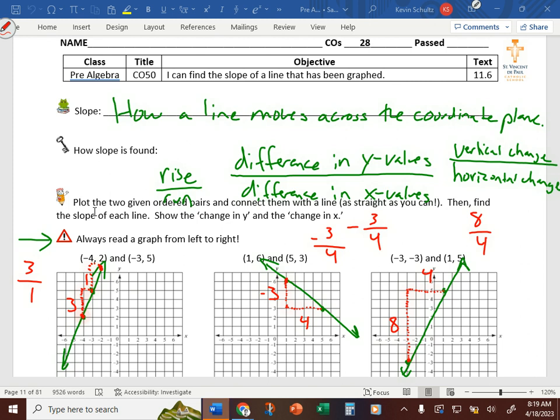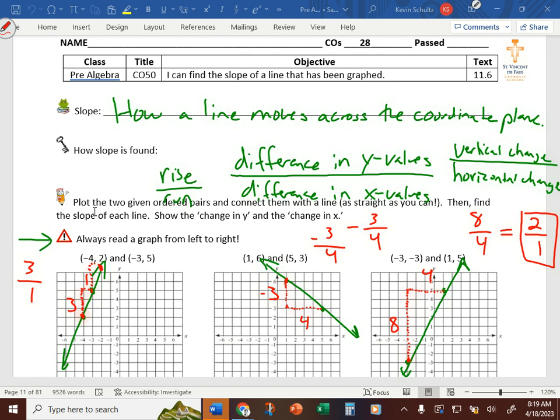Simplify it. What does 8 over 4 simplify to be? Not 1/2. That'd be 4 over 8. 2. 2 over 1. Right? 8 over 4 equals 2 over 1. Because it's a fraction, you should simplify it.